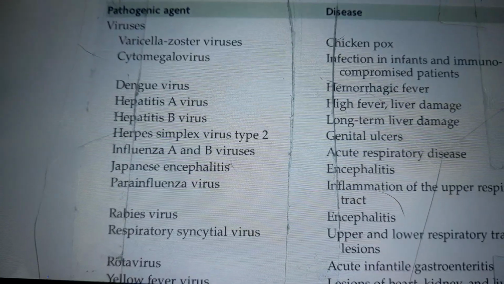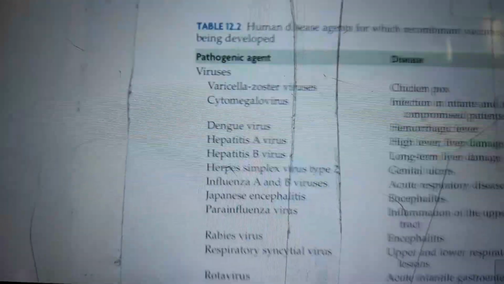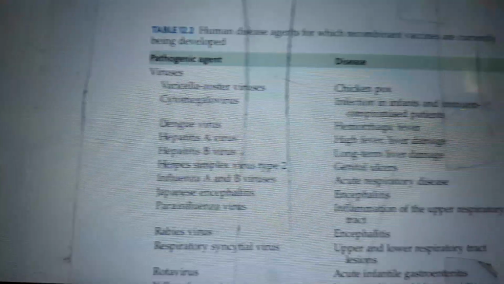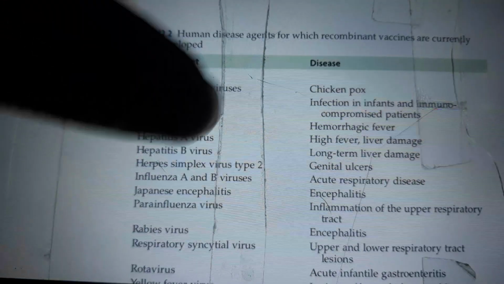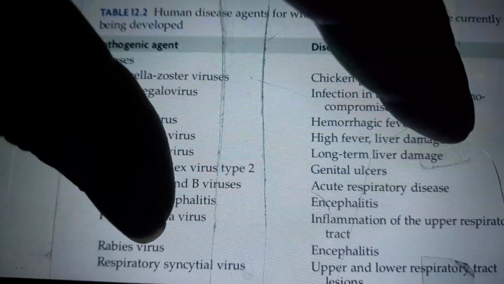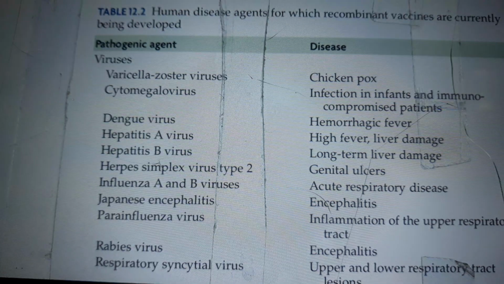Pathogenic agent, right? You have the pathogenic agent and the disease.